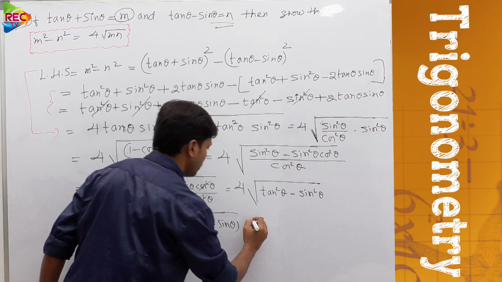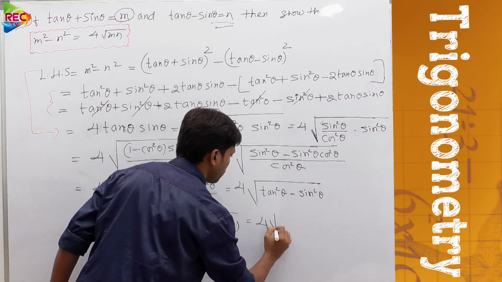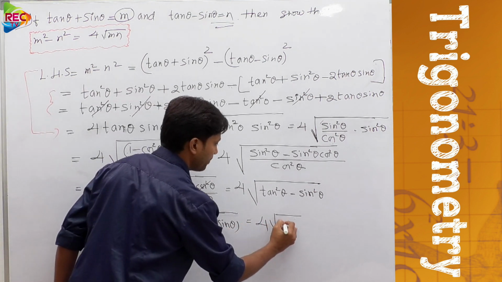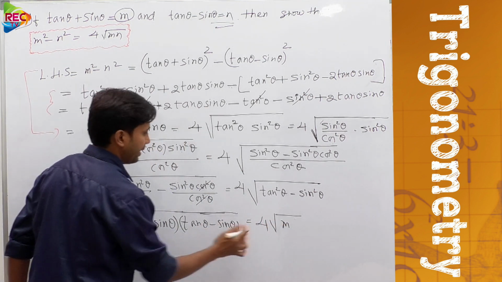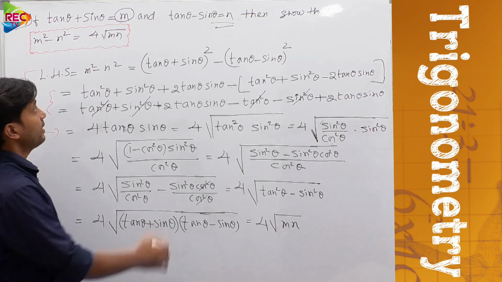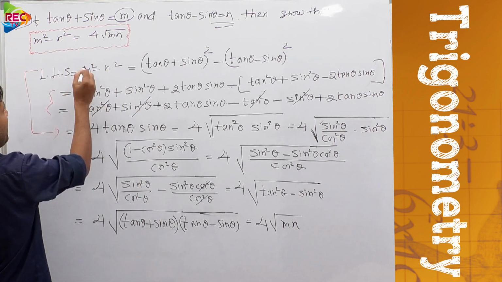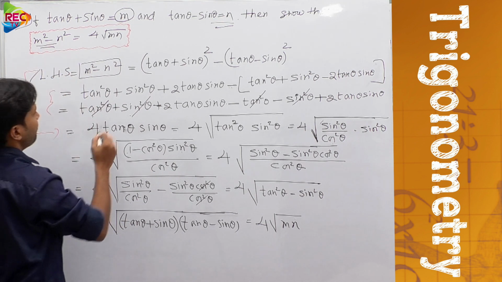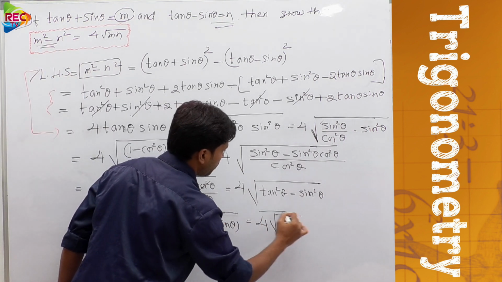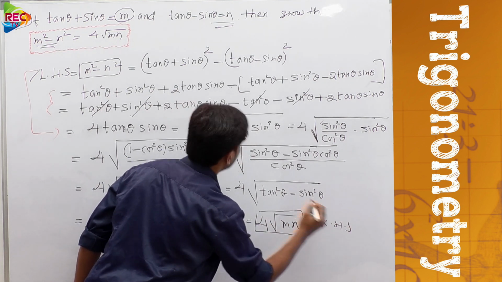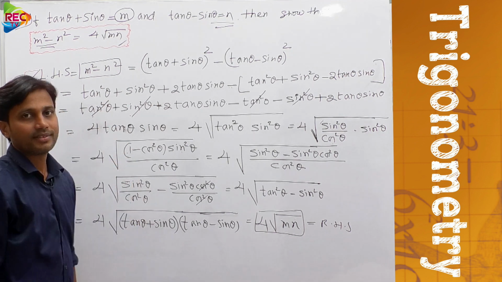So write it down: 4 into root m into n. That's all. Now tell me, we took m square minus n square, which is the LHS part, and we obtained 4 root mn, which is the RHS part. We obtained it or not? That's it.